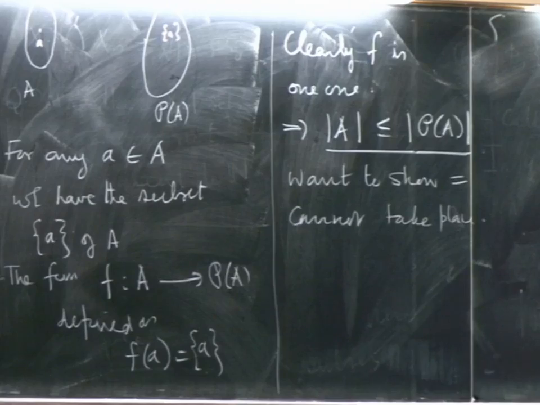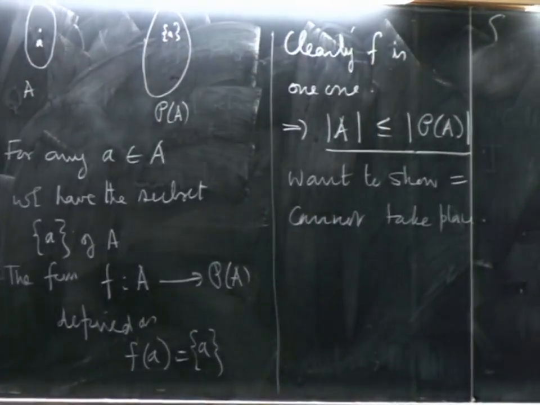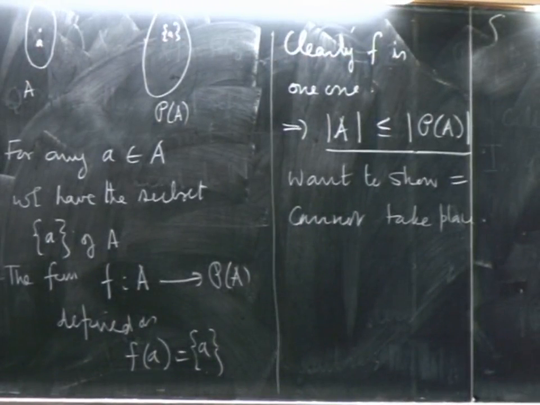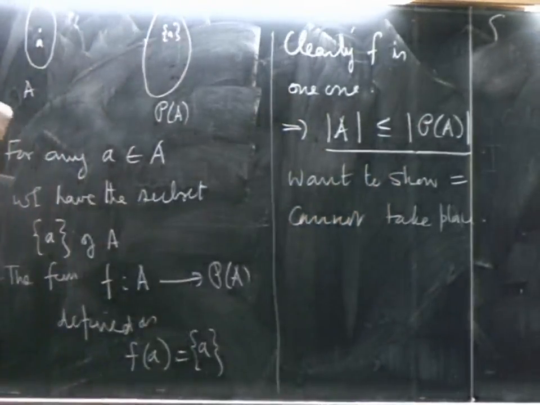Now, when will equality take place? They are equivalent sets. If they are equivalent sets, there must be a 1-1 onto map between them, right? And we will now show that there cannot be any onto map from here to here or here to here. Okay.